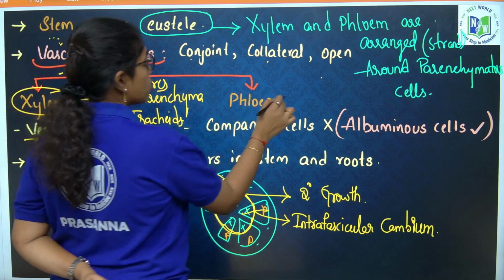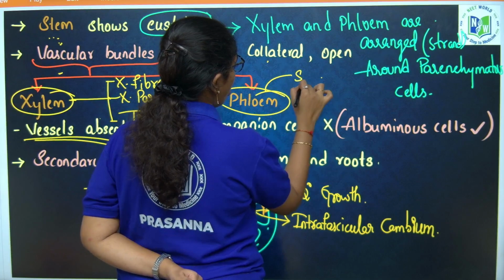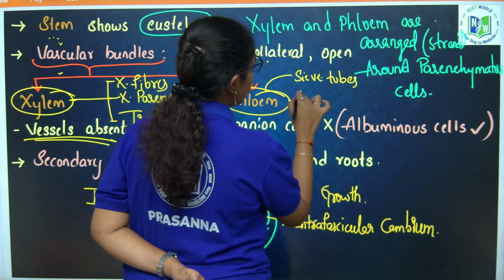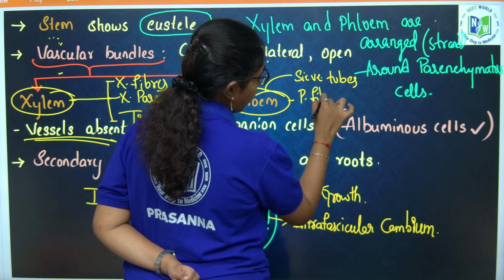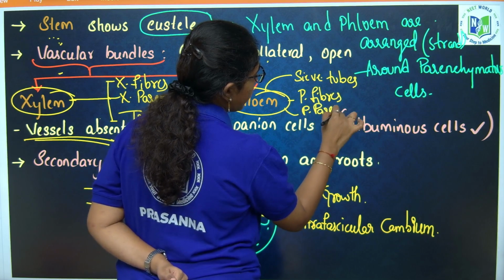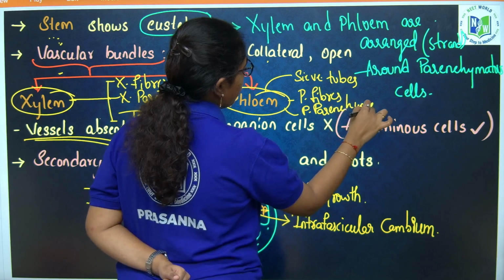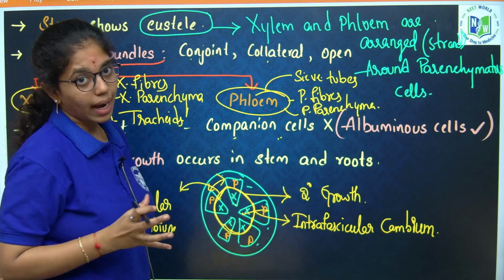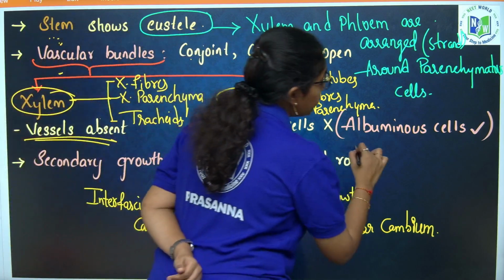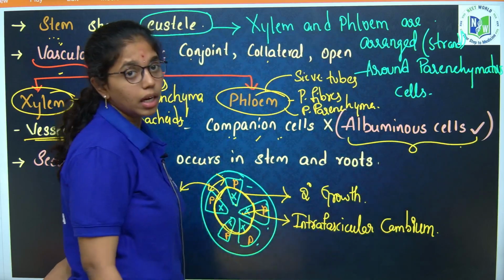In phloem, if you see, phloem consists of sieve tubes, phloem fibers and phloem parenchyma. But companion cells are absent in phloem. Other than companion cells, albuminous cells are present in the phloem.